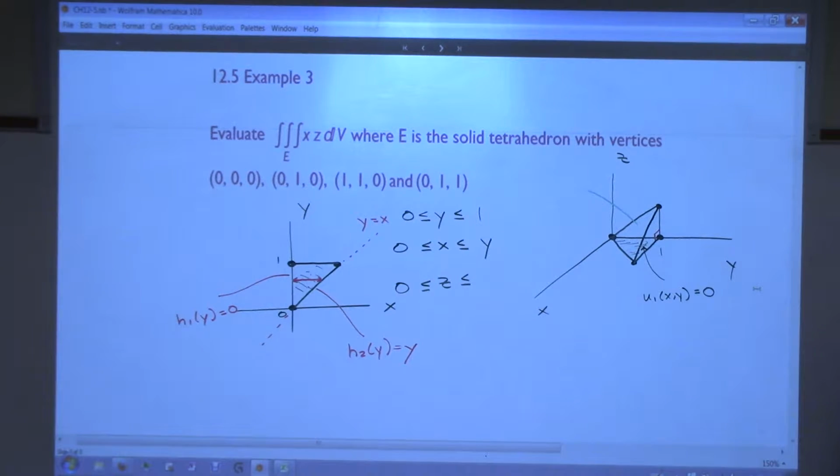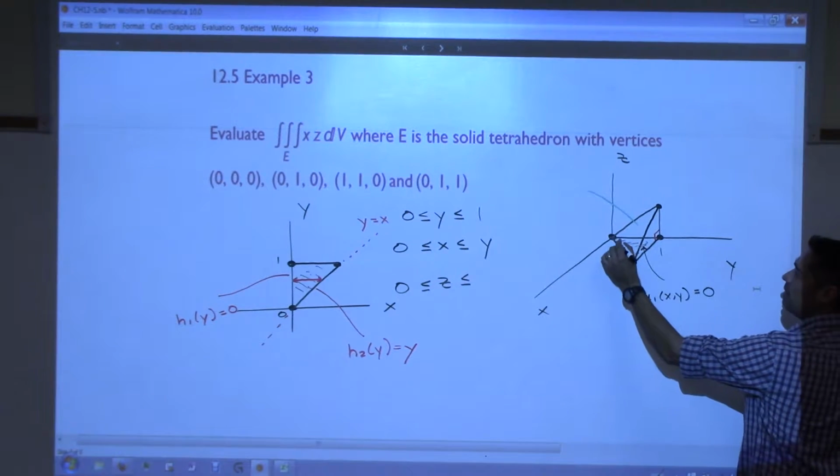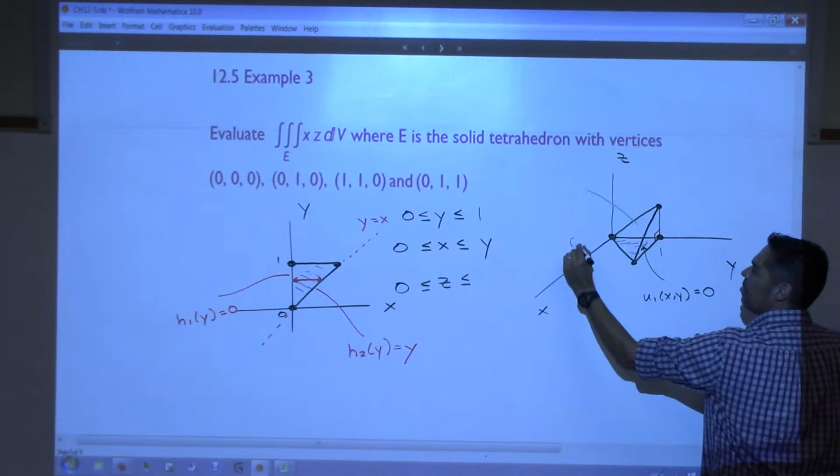You need a point on the plane and a normal vector. How do you get the normal vector? Cross product of two vectors that live on the plane. So you've got to make sure you get two vectors that live on the plane. So let's identify some points on this plane. The origin is here, right?